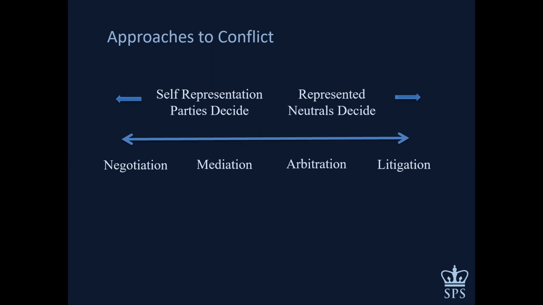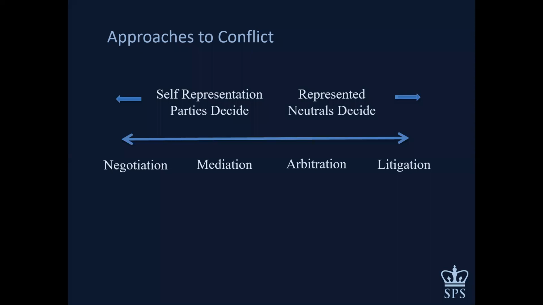As you go along the continuum towards the right, you see that the parties themselves are less directly involved in whatever kind of dispute resolution process is going to take place. That means they're one step or more steps removed from the decision-making process. They may be able to influence the outcomes, but they're not completely in control of it.